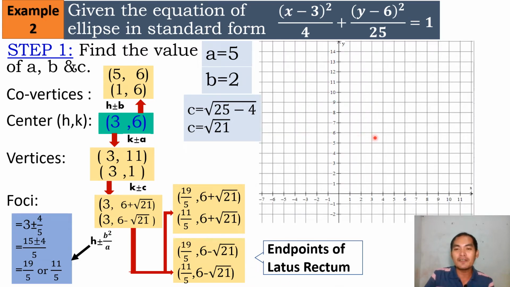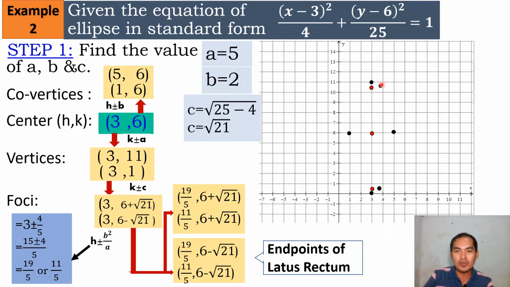Then, to graph, make now a Cartesian coordinate plane. Plot the center. We have 3, 6. And then, the vertices. So, we have 3, 1, and 3, 11. The co-vertices, we have 5, 6, 1, 6. And we have the foci, 3, 6 plus the square root of 21. And 3, 6 minus the square root of 21, and we have the endpoints of the latus rectum.